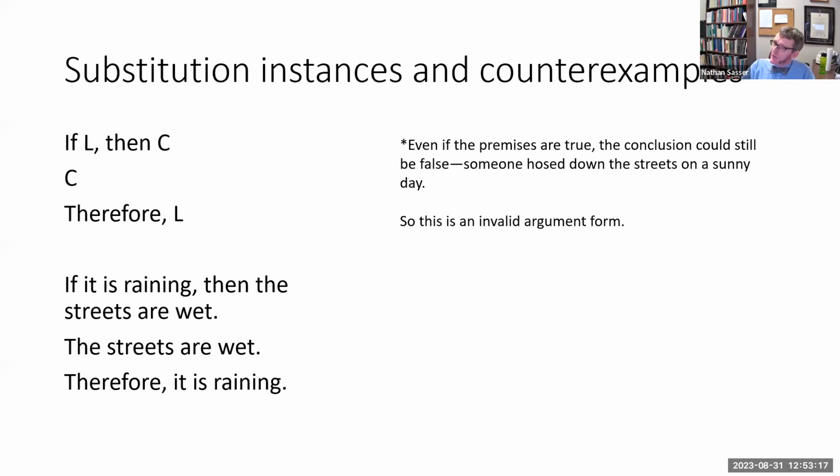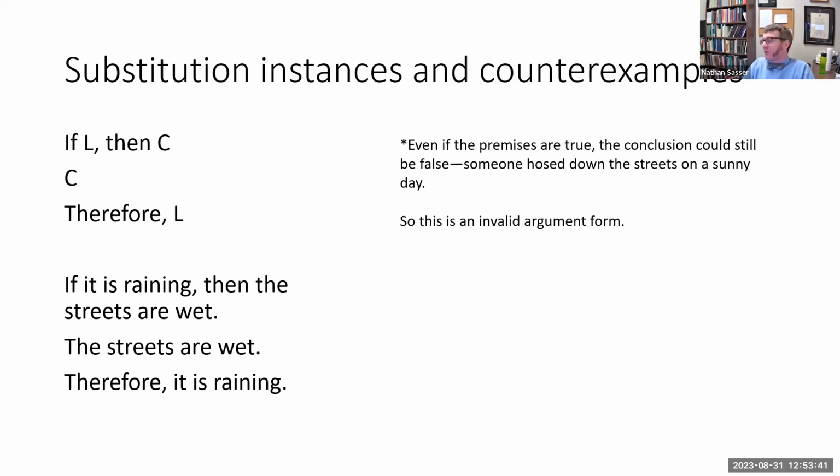Does that necessarily imply, though, that it's raining? Not necessarily. Maybe it's a sunny day, no rain, and somebody hosed down the streets. So what I've come up with here is a substitution in which the truth of the premises wouldn't necessitate that the conclusion is true. And I've shown that any argument like this form is not valid.